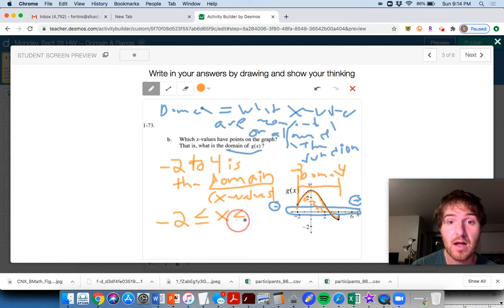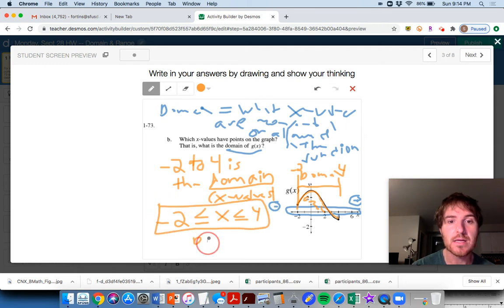That is a continuous graph from the domain -2 to +4, a little piece of a larger function, but we just care about that particular piece. So -2 is less than or equal to x is less than or equal to 4, and that is another way to describe the domain.